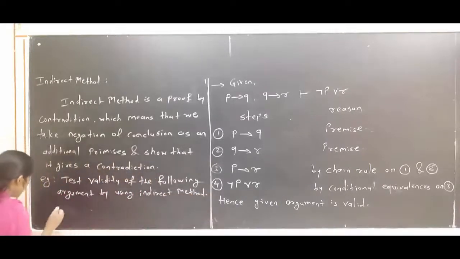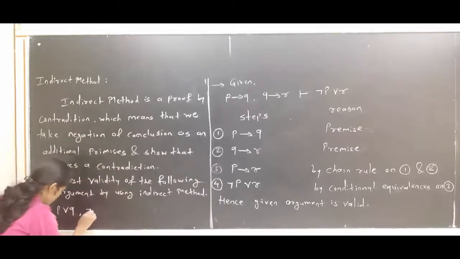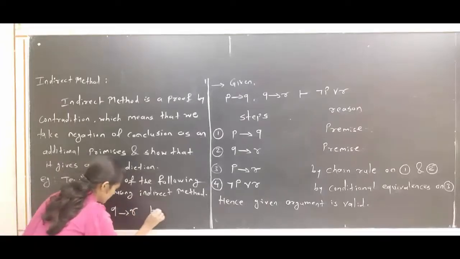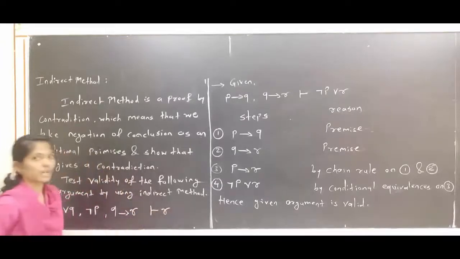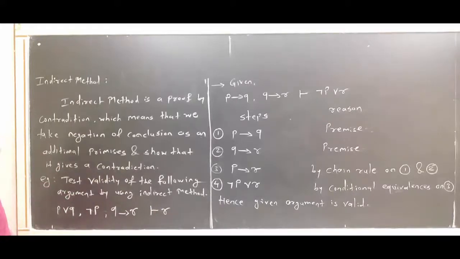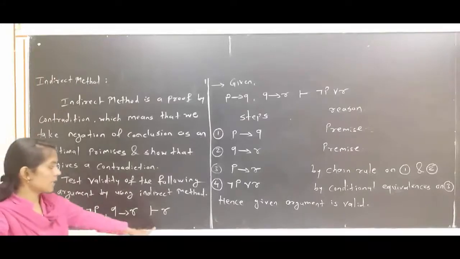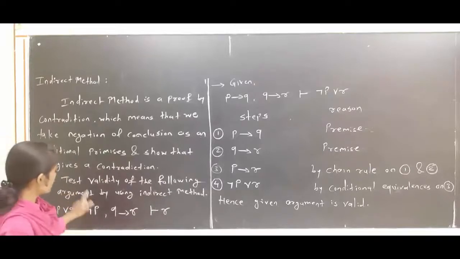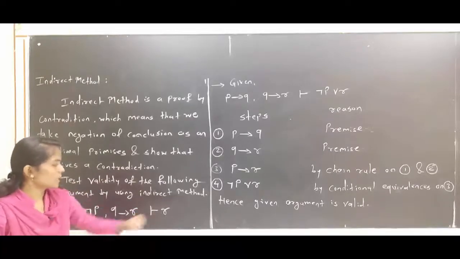So the argument is P or Q, negation P, Q implies R, conclusion R. Here we want to test the validity by using the indirect method.